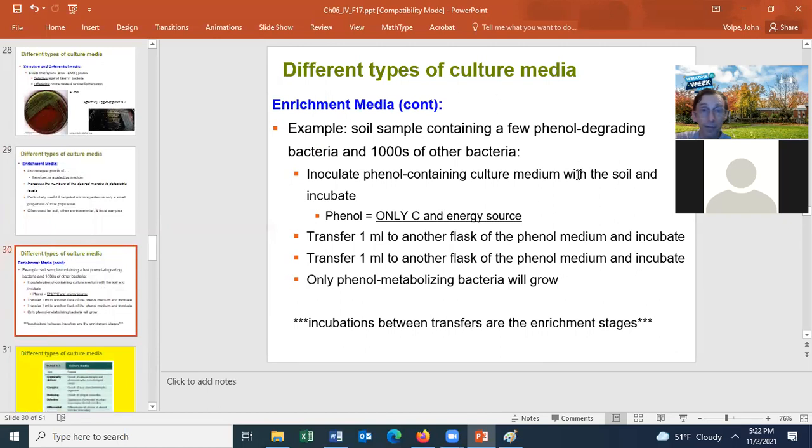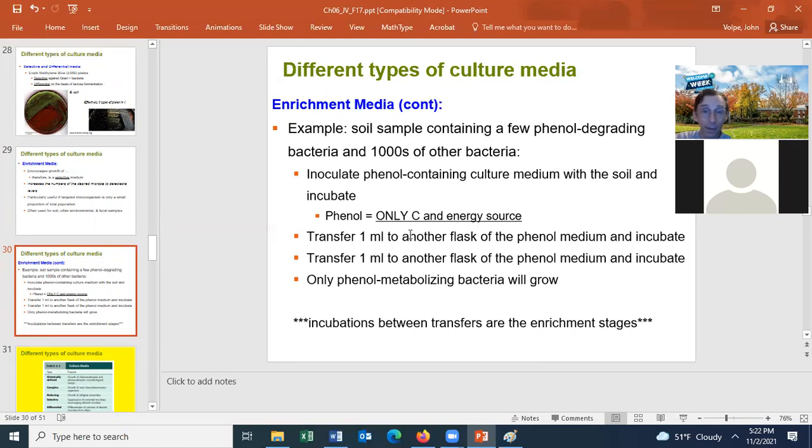An example, you take a sampling of bacteria from the soil, and there's less than 1 in 1,000 of the bacteria of interest in a culture of bacteria from the soil.